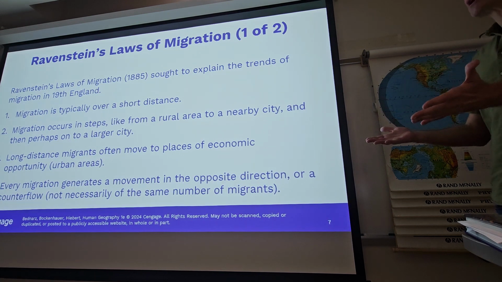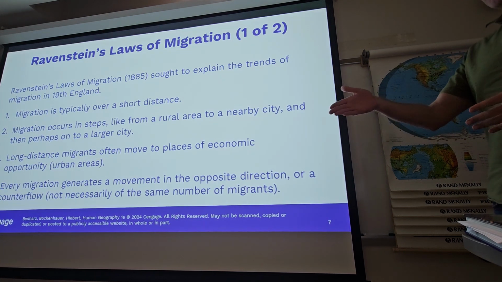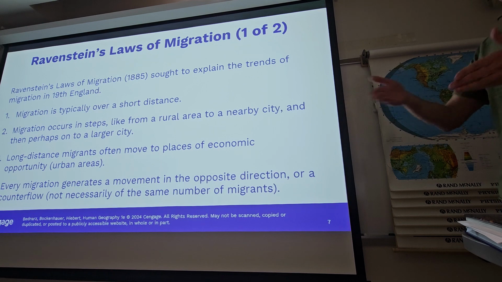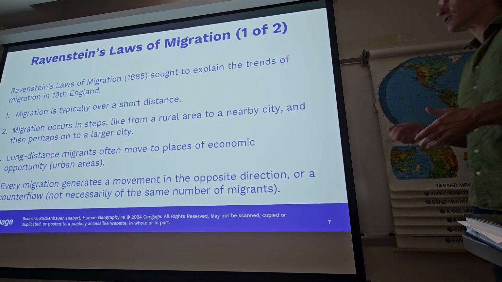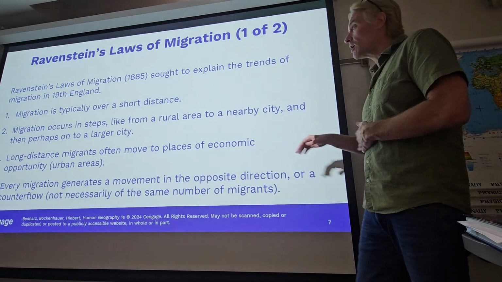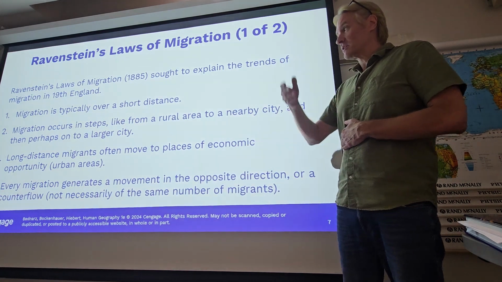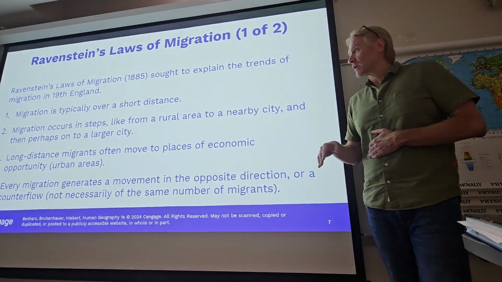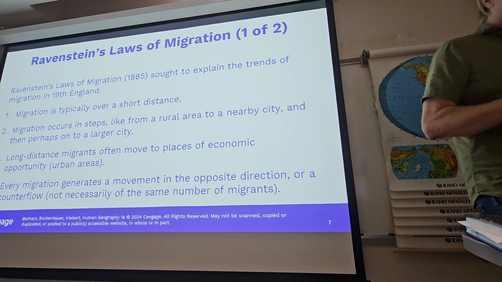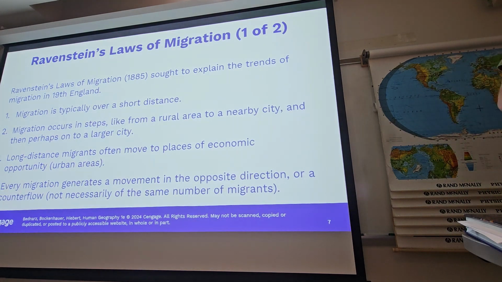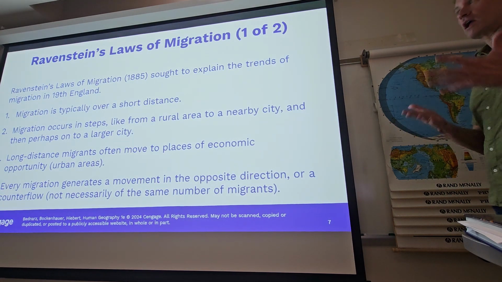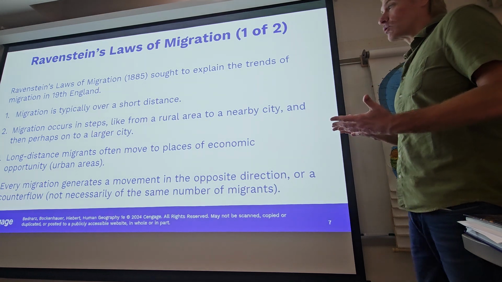If you have a small step in your migration, in each step you're more likely to have contacts and people that you know. Long distance migrants, although it does happen, move to places of economic opportunity. The majority of people moving around are looking for economic opportunity. They're looking for good work.